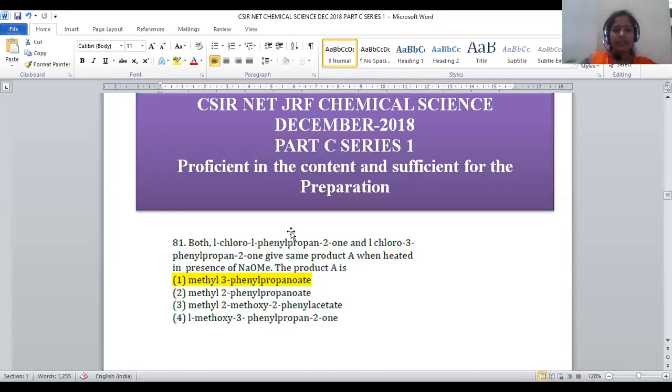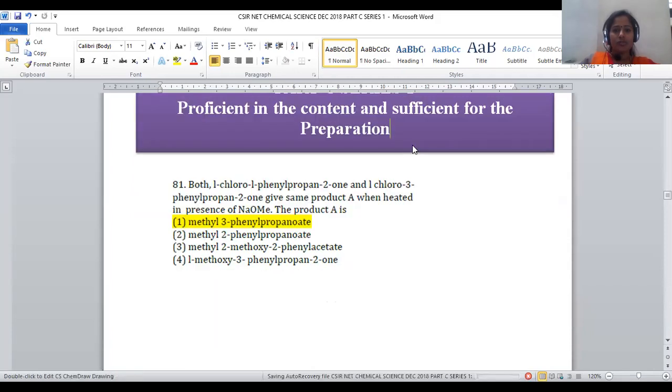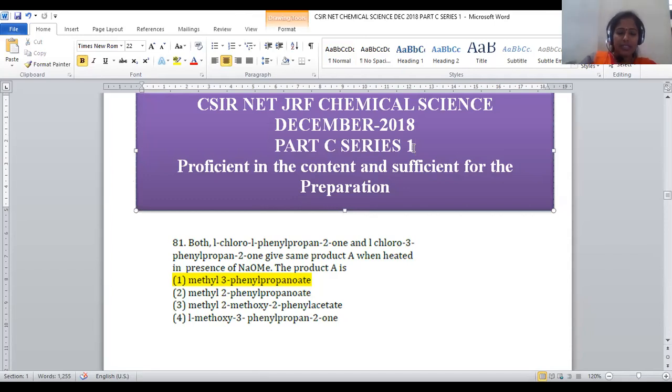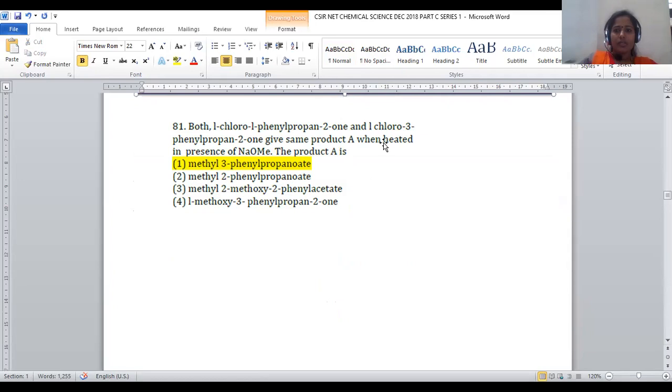Here is question number 81 in this Series 3. The question says both 1-chloro-1-phenyl propan-2-one and 1-chloro-3-phenyl propan-2-one give the same product A when heated in the presence of sodium methoxide.